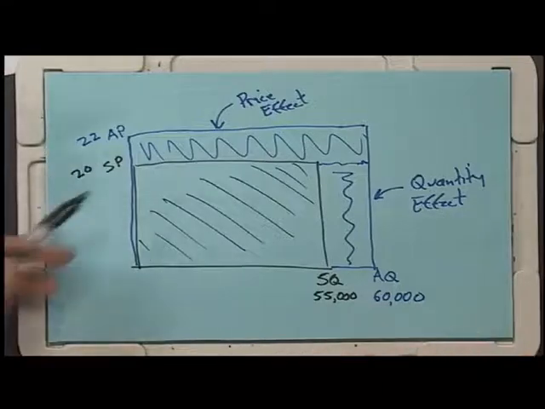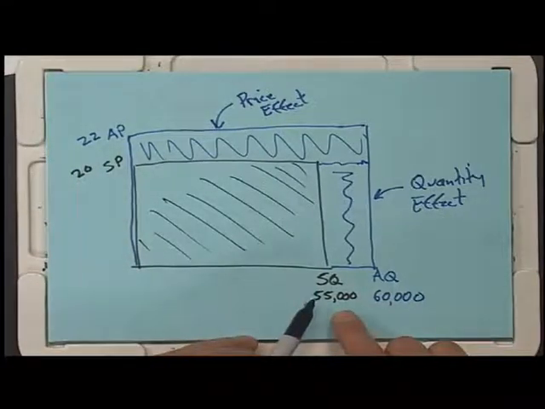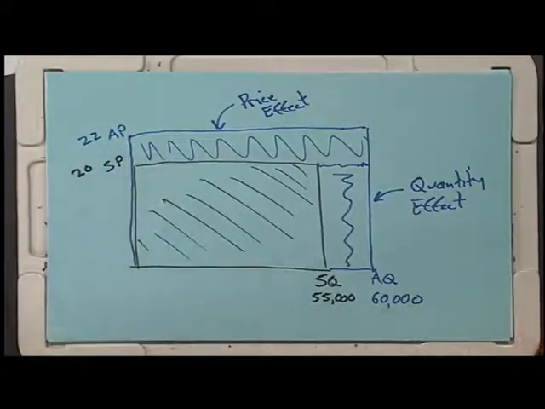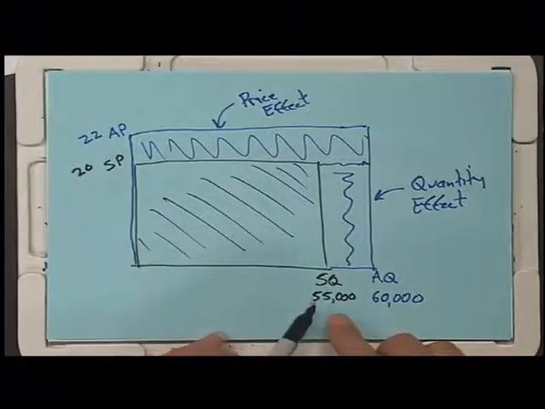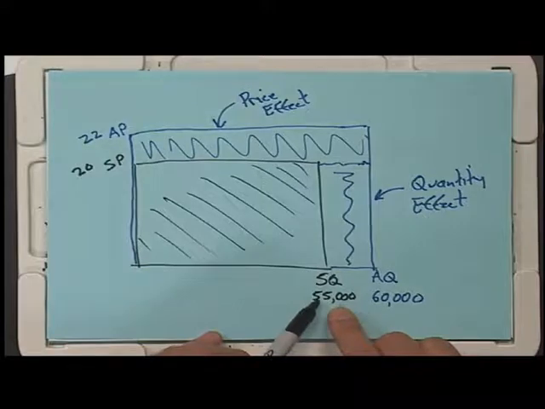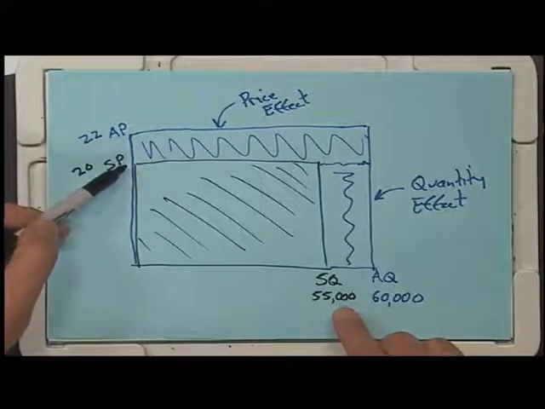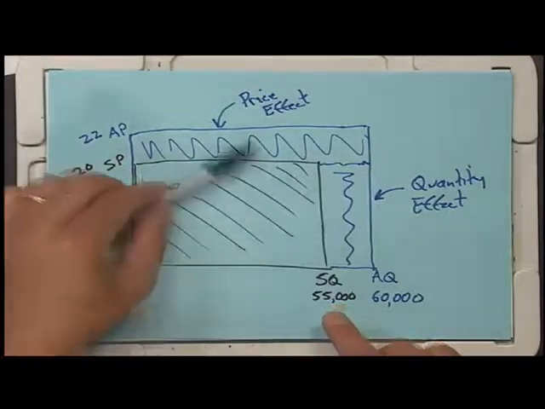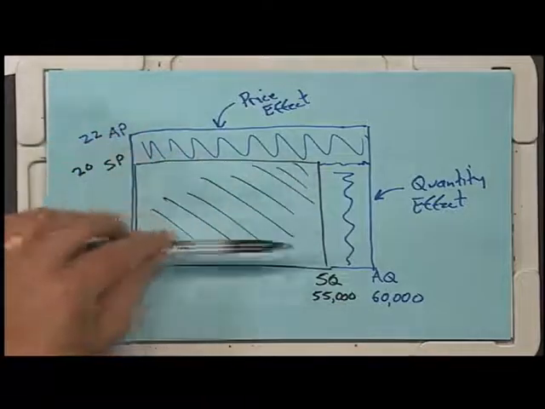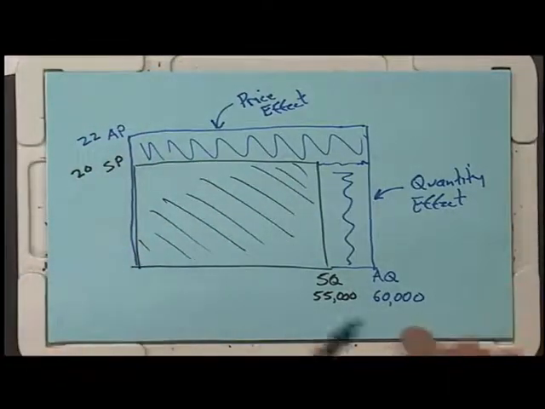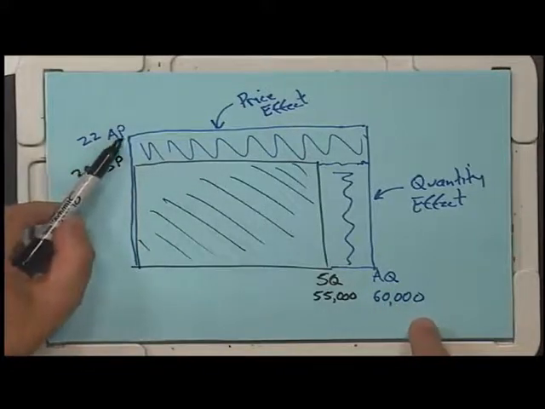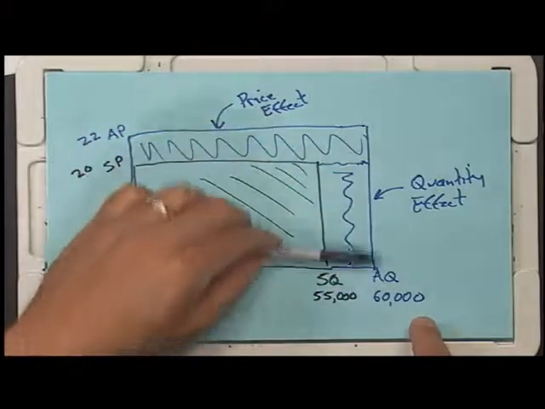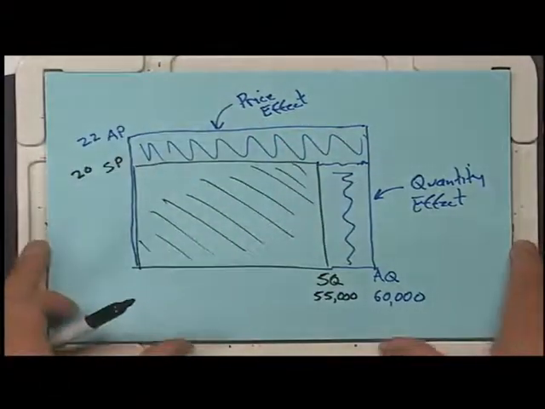Given the 110,000 pages that we graded, we expected that should take 55,000 hours at $20 an hour. And so we had a rectangle that indicates the size of our costs. And it actually took us 60,000 hours at $22. So we had a bigger rectangle representing our actual costs.